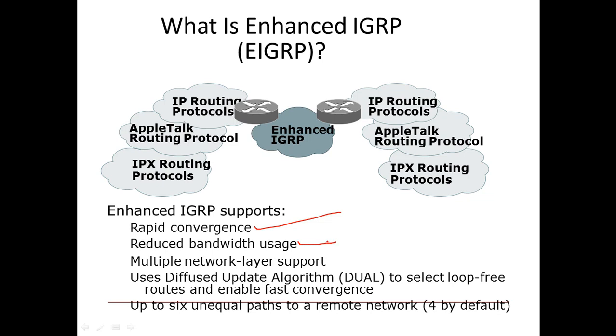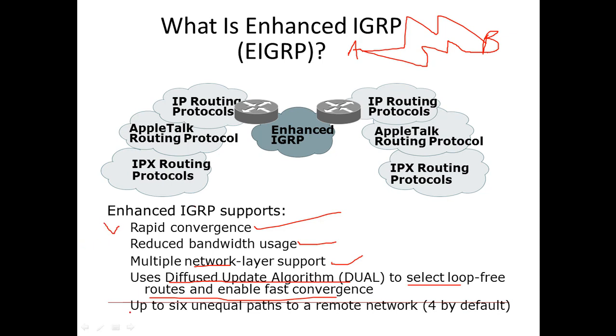So it also provides that kind of service, and it also provides multiple network layer support. And how does it provide this? Because of the use of the diffusing update algorithm, and this basically is to select loop free routes and enable fast convergence. For example, if you have a route from A to B, it will be able to find another path very quickly as compared to another protocol because of its rapid convergence.